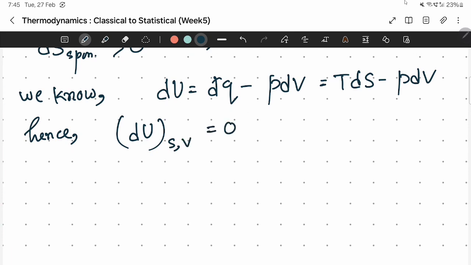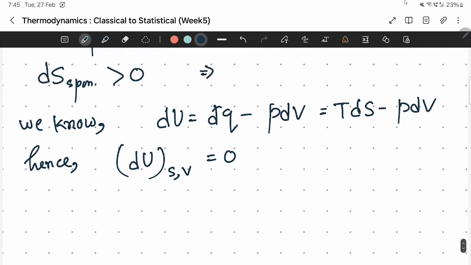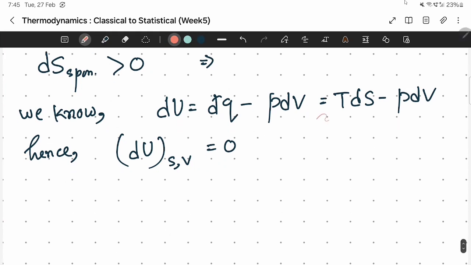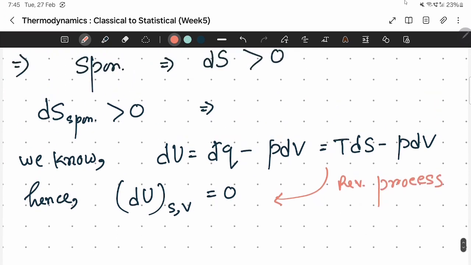From here we can see that this equation is valid for a reversible process. But now we have to deal with spontaneous or irreversible processes.